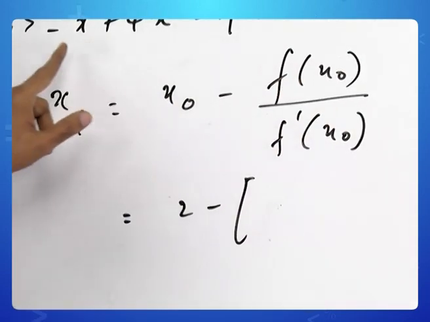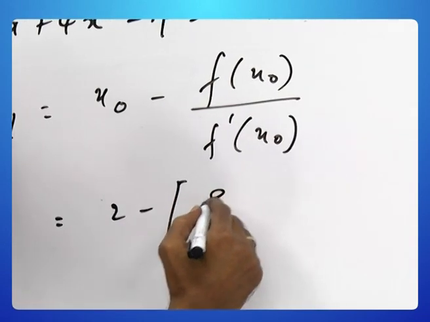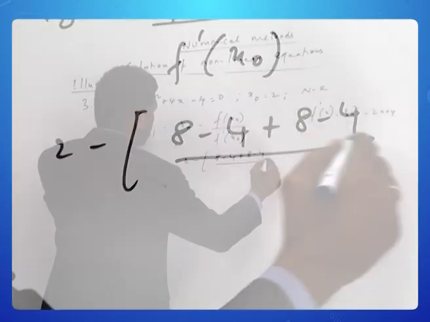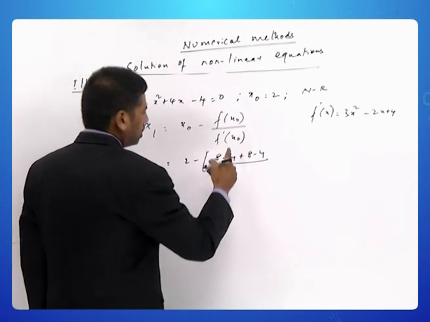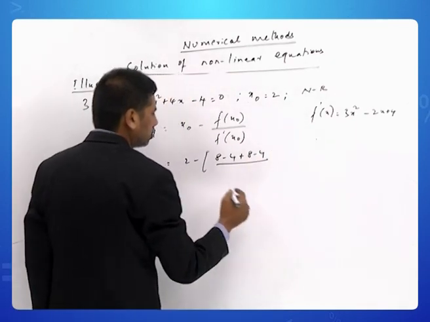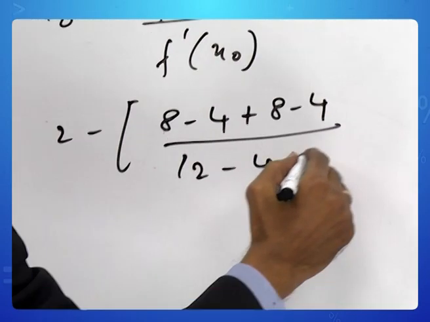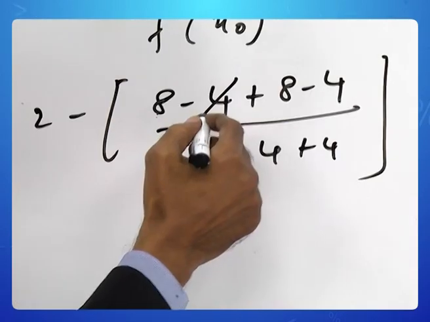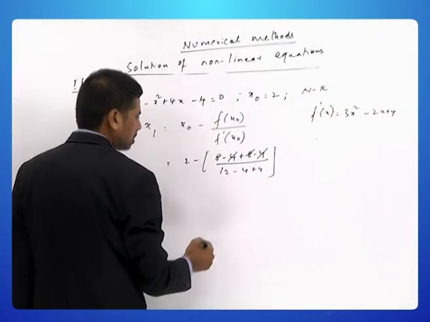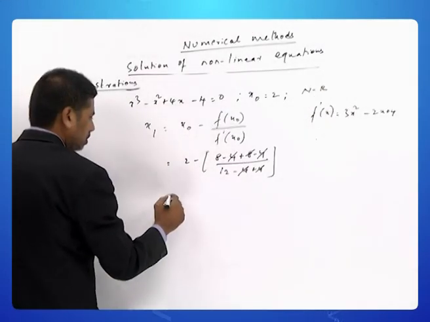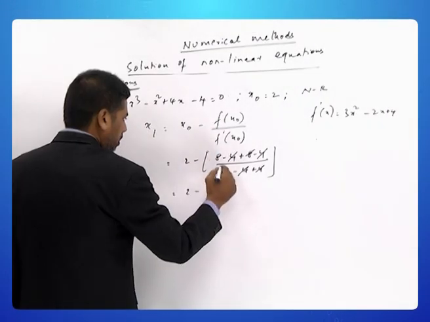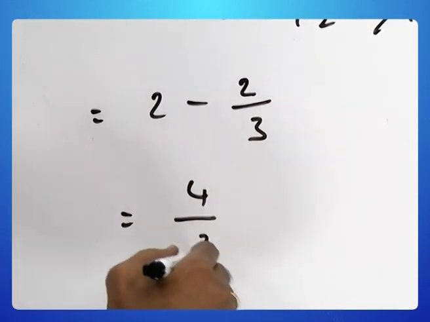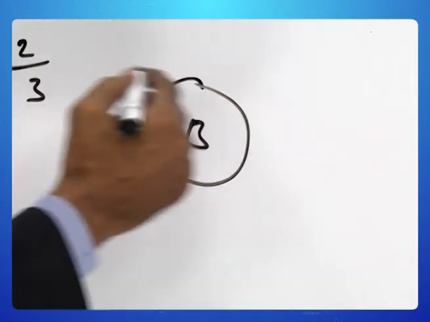If x naught is 2, substitute x is equal to 2 here, 8 minus 4 plus 8 minus 4 divided by f dash x naught, put x is equal to 2 here, 12 minus 4 plus 4. So on the numerator, minus 4 and 8 will get cancelled, and here these two will get cancelled. So 2 minus 8 by 12 is 2 by 3. This gives us 4 by 3, corresponding to option B.